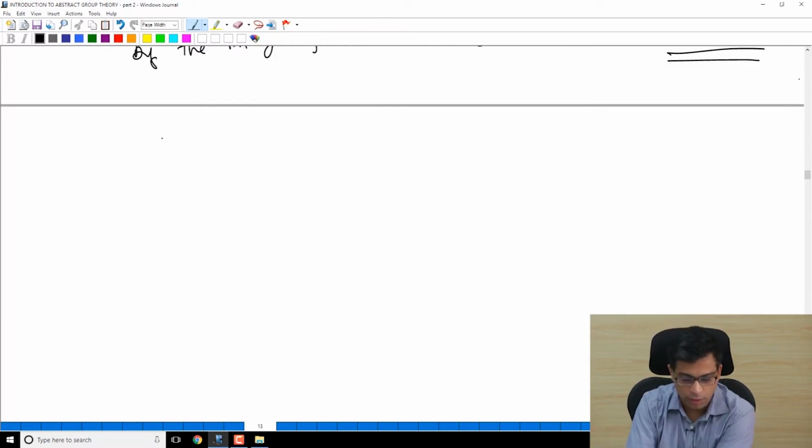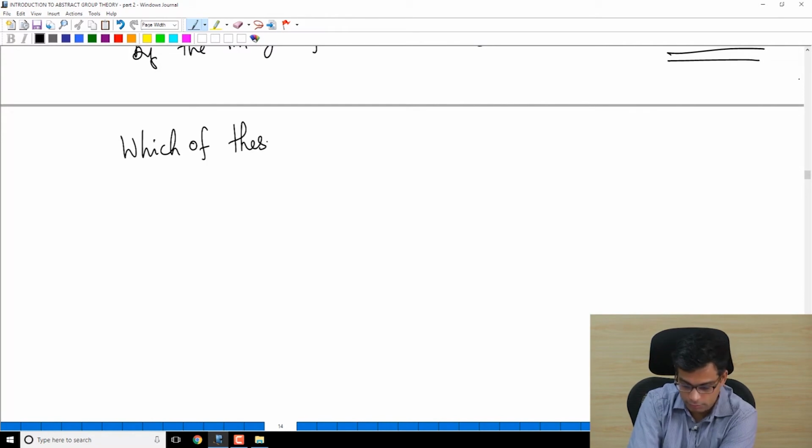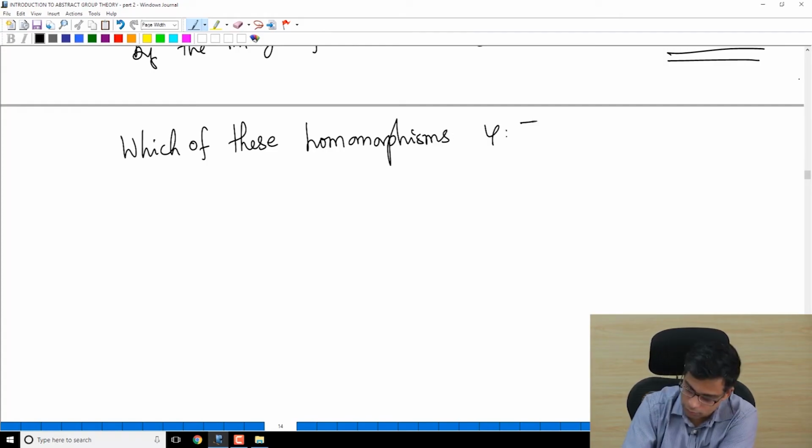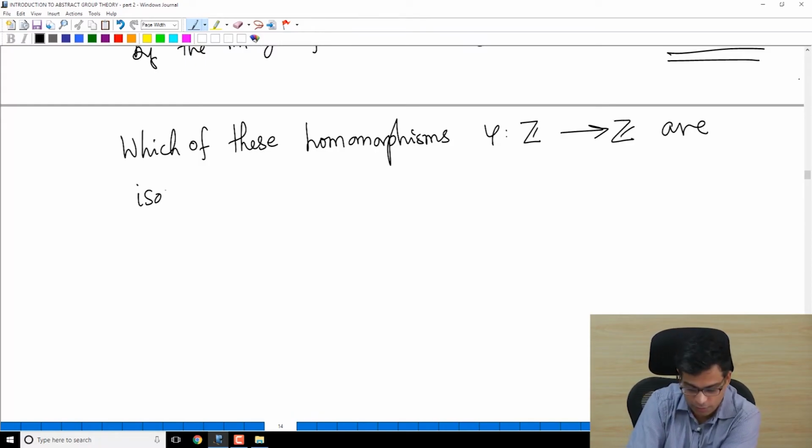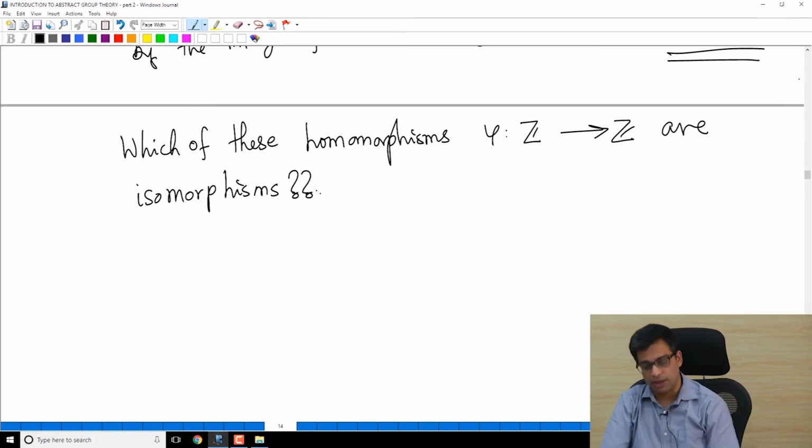So now I will ask you a question to continue this problem. Which of these homomorphisms are isomorphisms? Recall that isomorphisms are group homomorphisms that are bijective set functions.